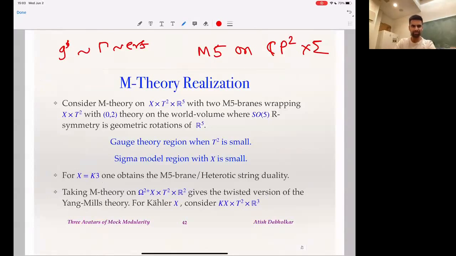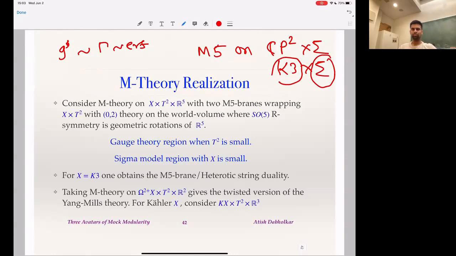So now if you take an M5 brane on CP2 cross sigma, let's first do it on K3 cross sigma, okay? If you take an M5 brane on K3 cross sigma, then as we know with this AGT story, you can think of the M5 brane, either you take the K3 to be small or you take the sigma to be small. If you take the sigma to be small, you have a gauge theory living on K3.